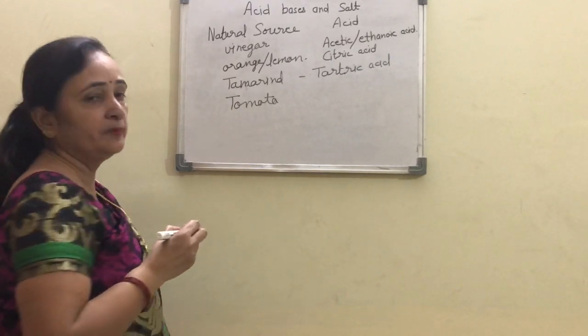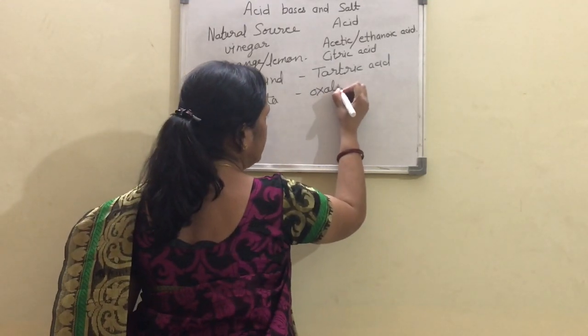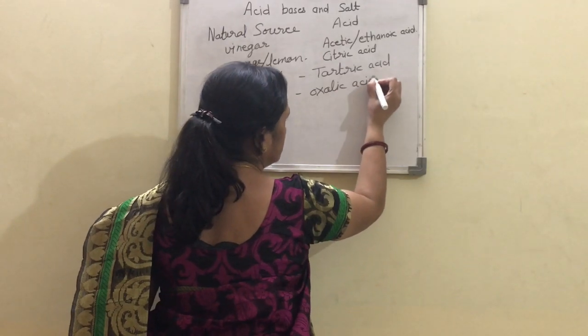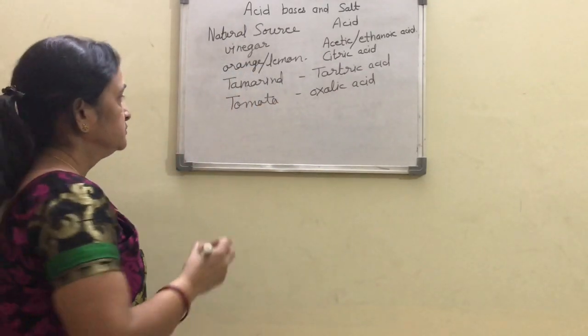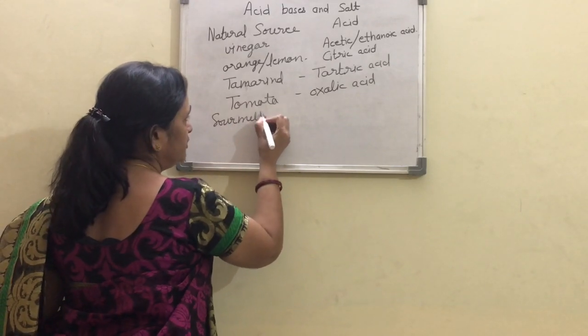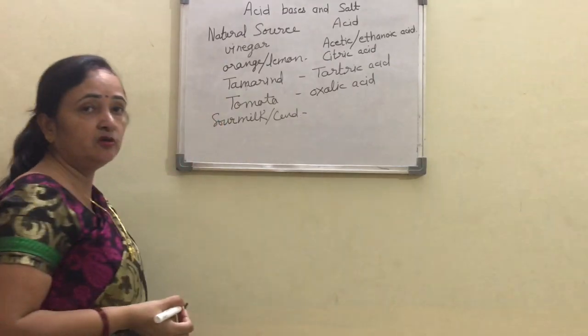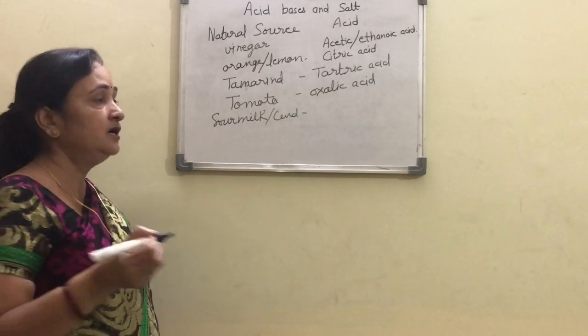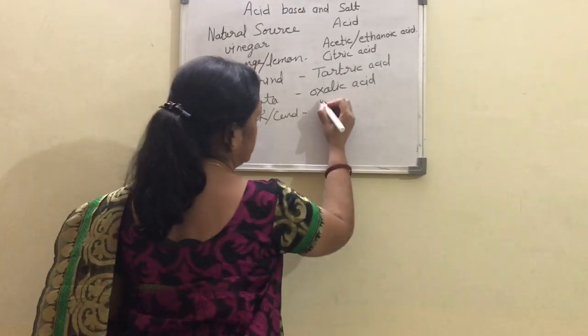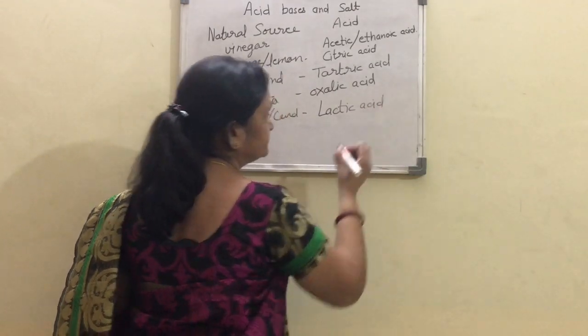So you know in tomato the acid which is present is known as oxalic acid. Then the sour milk or curd. Okay. This you all know, which acid is this? Lactic acid. Yes, correct. Lactic acid.